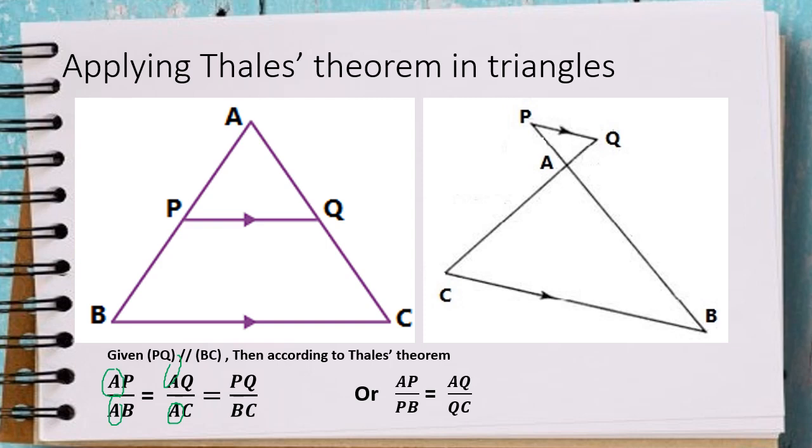And remember that we can always flip these fractions. Instead of AP over AB, we can say AB over AP, but respect the order. So we just flip the fractions: AB over AP.